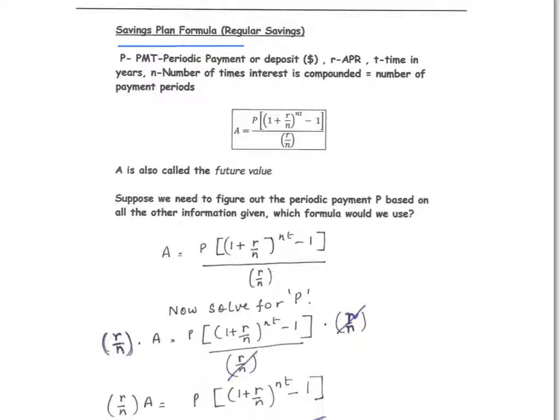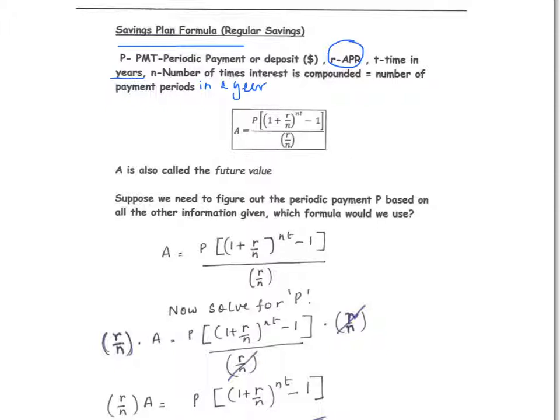R is the same thing as in problems we've done in compound interest. It's the APR. T is the time in years as usual. N is the number of times interest is compounded, or it is the same as the number of periodic payments. So the number of periodic payments in a year is the same as the number of times interest is compounded.